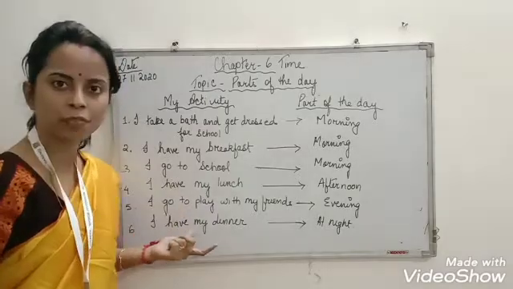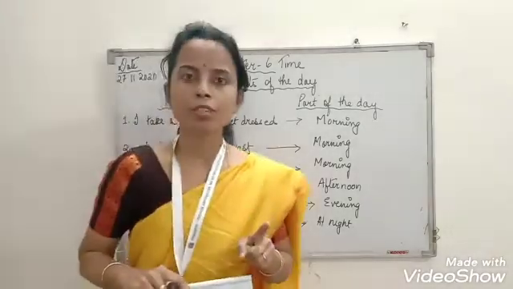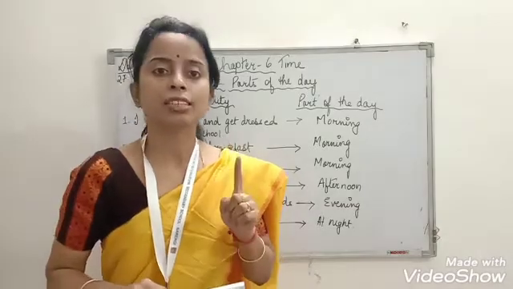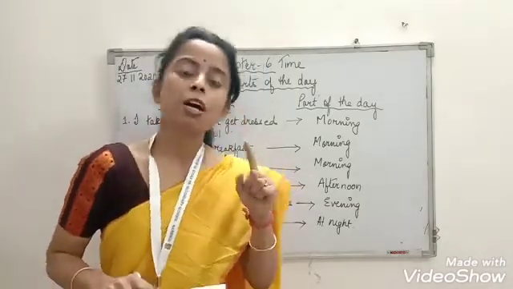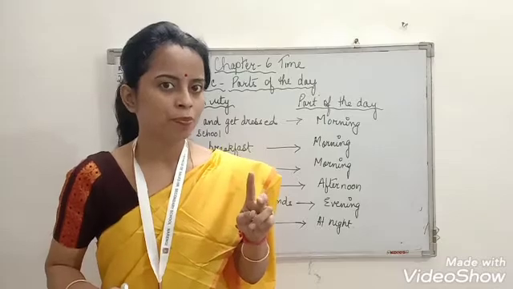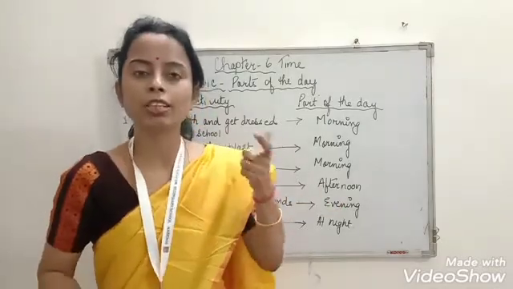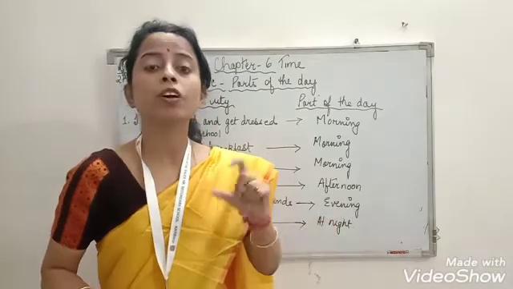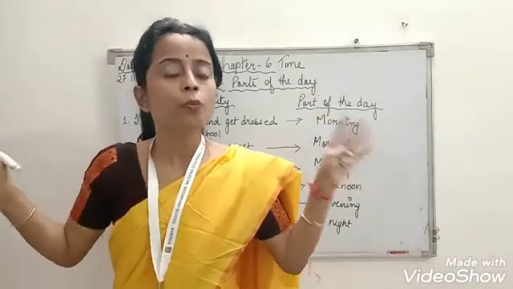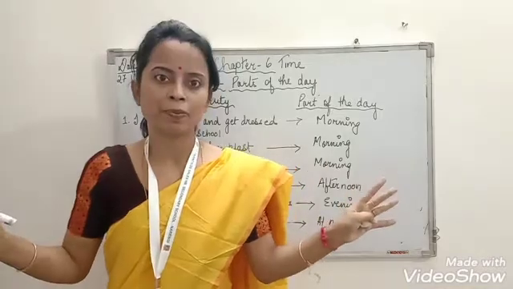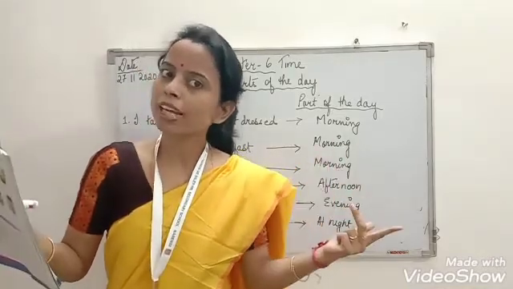So I hope it is clear how to find the part of the day when the activities are given. We have learned the terms earlier and later. Then we learned to find the parts of the day: when we call it morning time, noon, afternoon or evening time, with the help of the timeline. The sun rises in the morning.